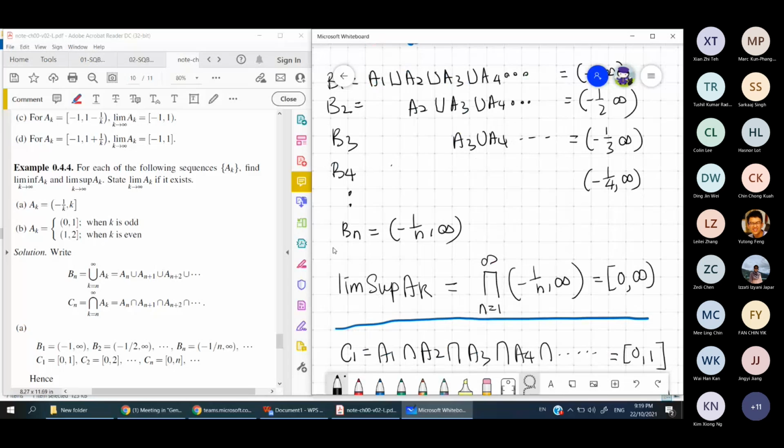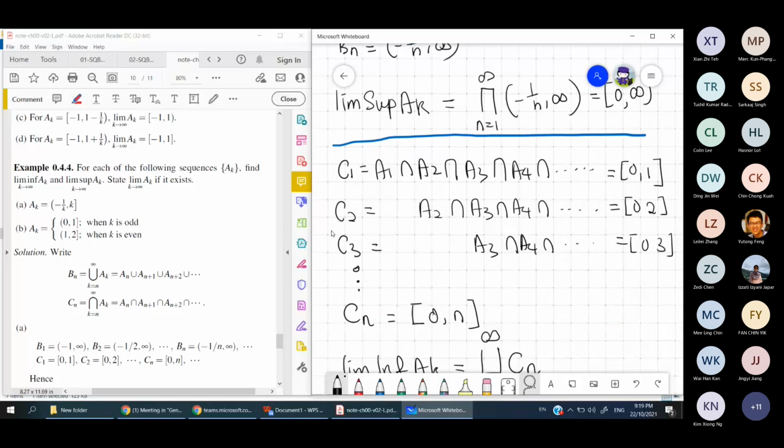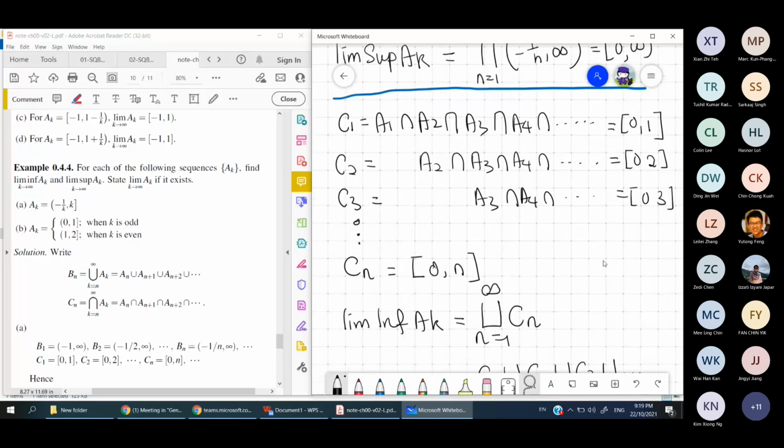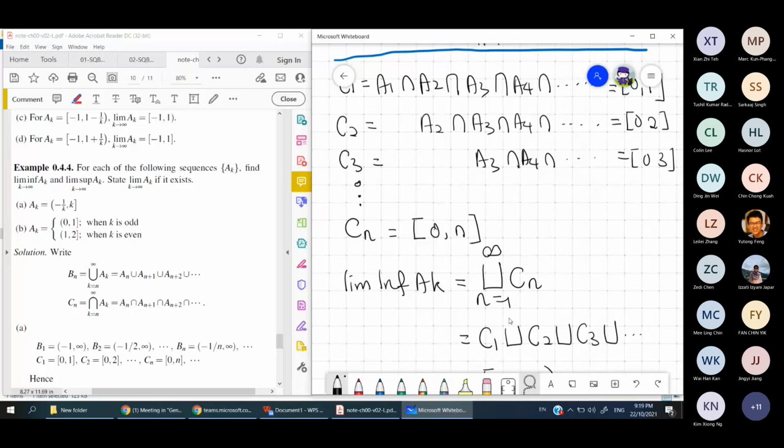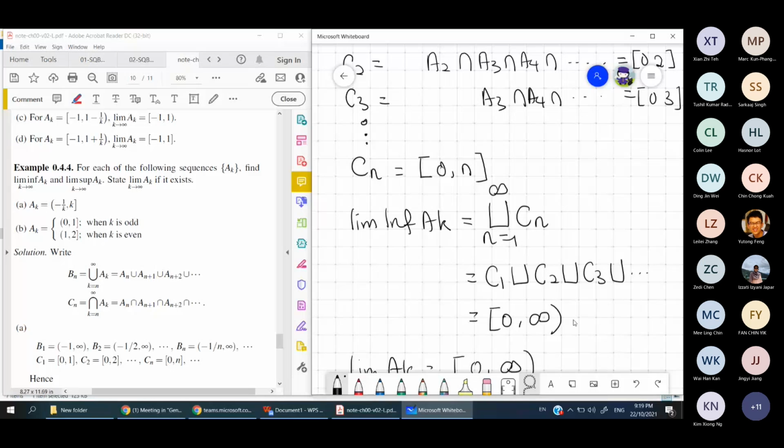Likewise, to compute the limit infimum, you just compute the C: C1, C2, C3 in this way. Again, after you have computed the first few terms for your C, you more or less can guess the pattern for the interval C. And then you just take the union of all the C, and you get your limit infimum. So that's the procedure.